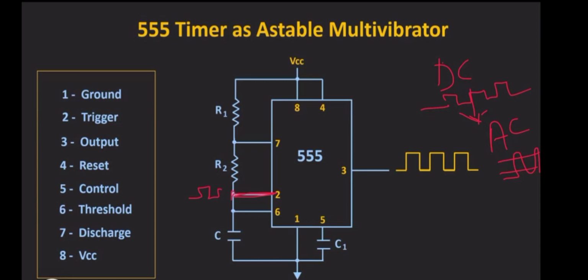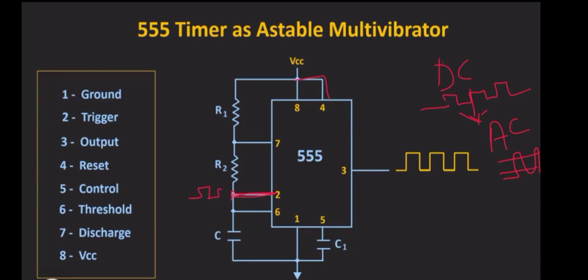So you know that the 555 timer consists of an 8 pin package. Pin number 8 is VCC, pin number 1 is ground, pin number 2 is input, and pin number 3 is output. Pin number 4 is reset. Always it will be given to the positive VCC.